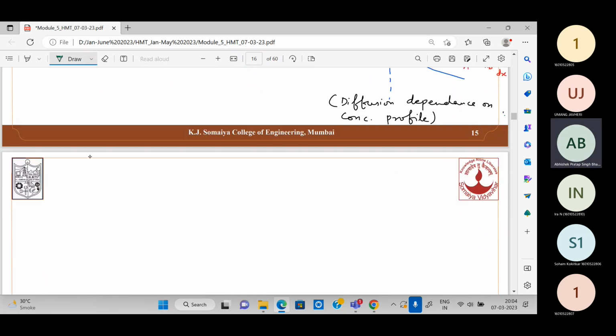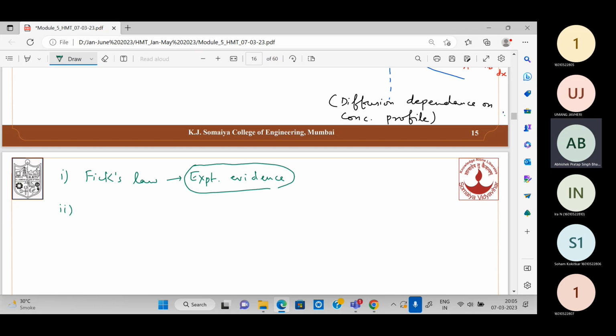We can say this Fick's law is based on experimental evidence, so it can't be derived from first principles.